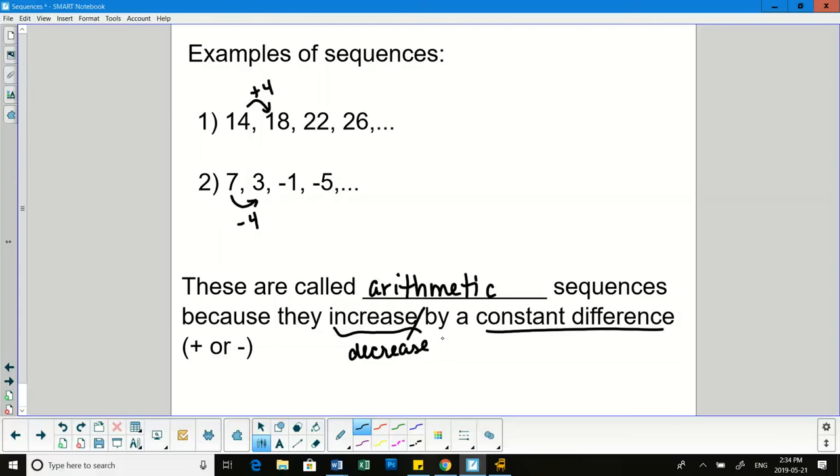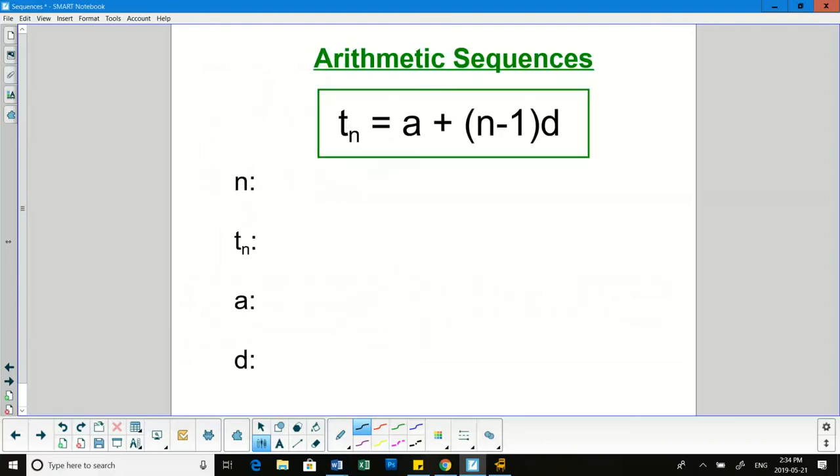Okay, so we're going to learn how we can express both of these as general equations so that I could maybe find the 100th term in the sequence or something like that without having to write out the whole sequence. So first, I'm going to introduce to you the formula for an arithmetic sequence, and I'll break down what each of these things represents. We're going to learn quite a few different formulas in this chapter.